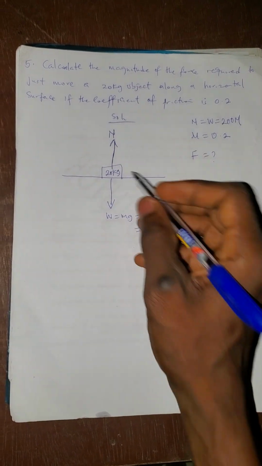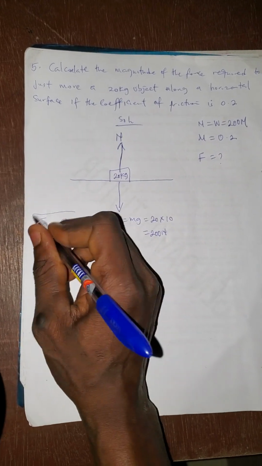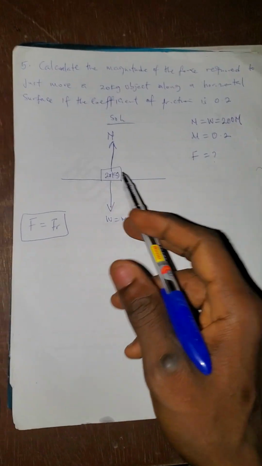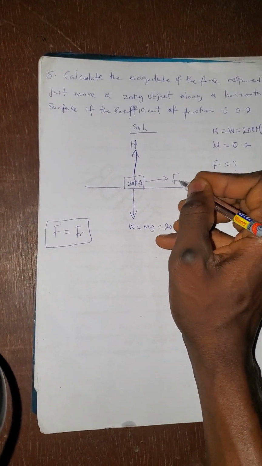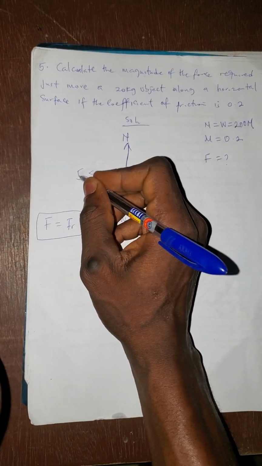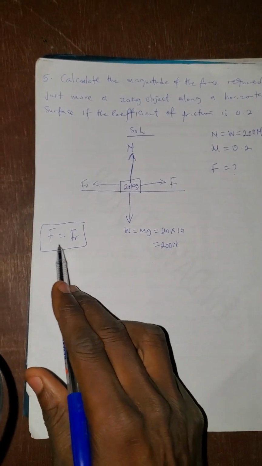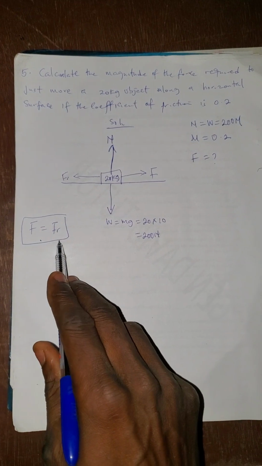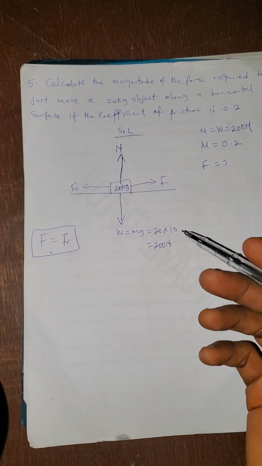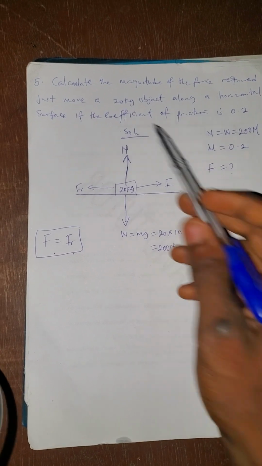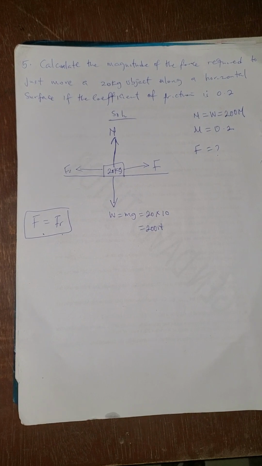Don't forget, I told you that the required force will be equal to the frictional force whenever you are dealing with the horizontal component like this. Because once the required force is equal to the frictional force, that shows that the required force will be able to just move the 20 kg.